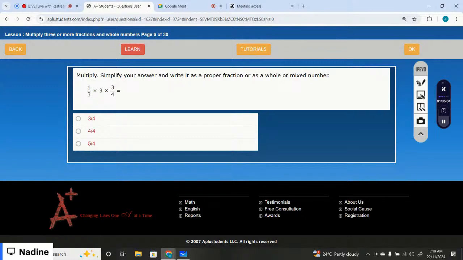Next, 1 by 3 times 3 times 3 by 4, which is the correct option? That is 3 by 4. Option number 1 is the correct option.